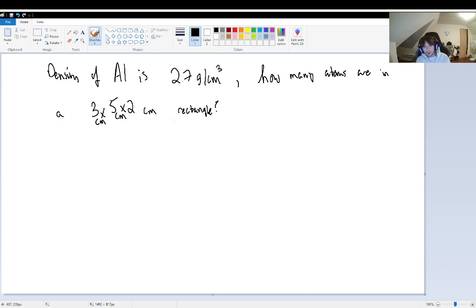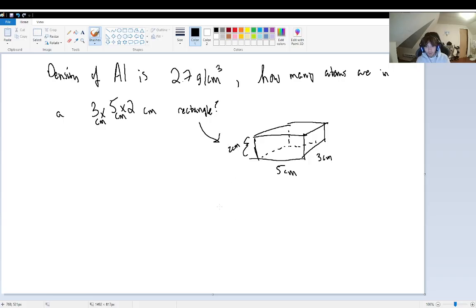So I can start by drawing the rectangle. Let's make this one 5 because this is the longest, and let's make this 3 centimeters, and we'll make this 2 centimeters.